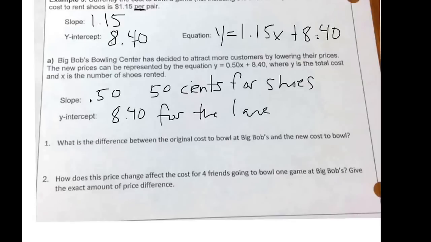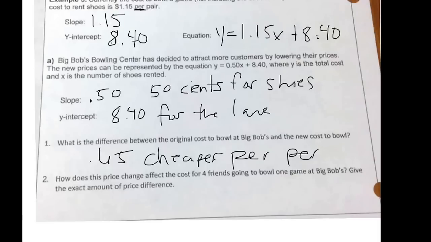So $1.15 minus 50 cents is 65 cents. So it's going to be 65 cents cheaper now per person. How does this price change affect the cost for 4 friends to bowl at Big Bob's? So 4 friends at the other place would be $1.15 times 4 plus $8.40, which is $13 to bowl.